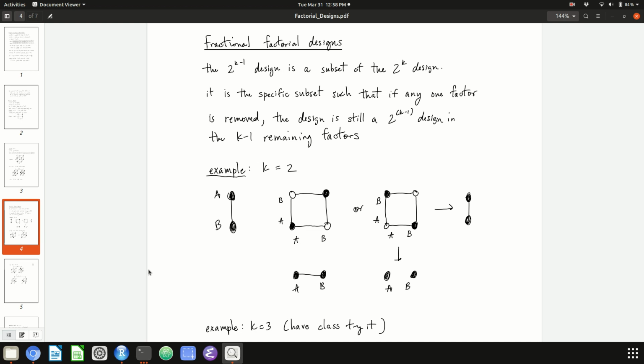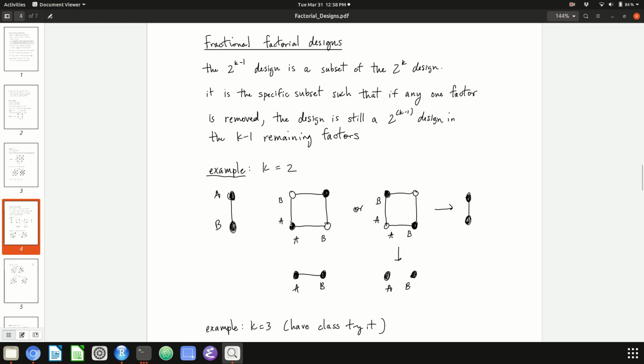But we pick the specific half to satisfy a certain criterion. And the criterion is this. If you were to delete one of the factors, then you will get a full factorial design in the remaining k-1 factors. So let's see how this works in some specific examples.